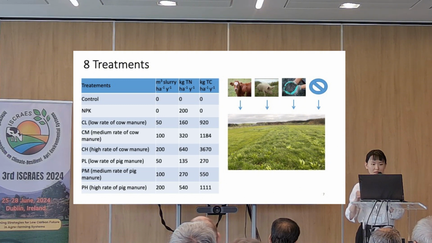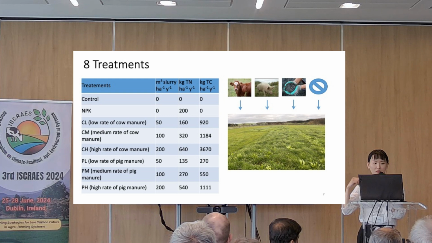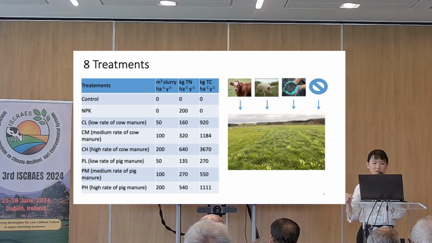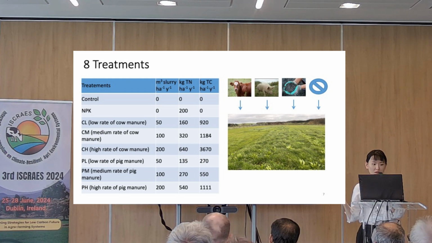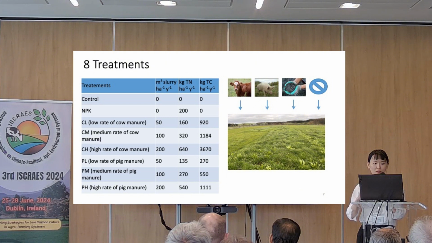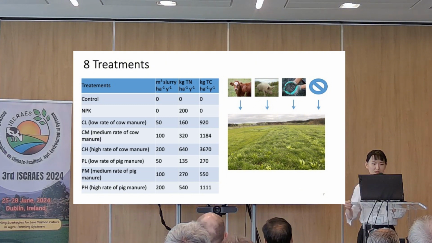As you can see, these different rates are based on different volume. Low rate is 50 cubic meters, and medium rate is 100 cubic meters. As you can guess, if we apply these different rates in the field based on different volume, then we cannot guarantee that the nitrogen concentration is exactly the same every year.